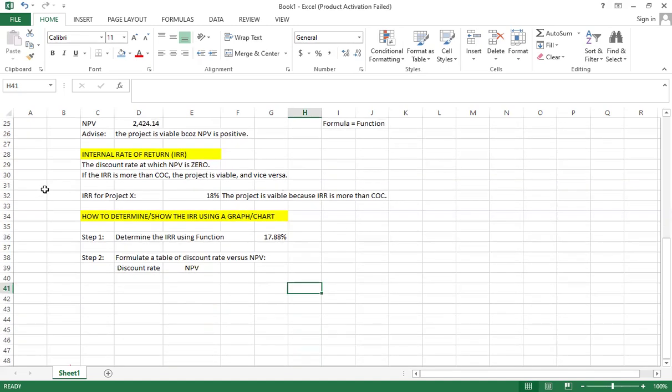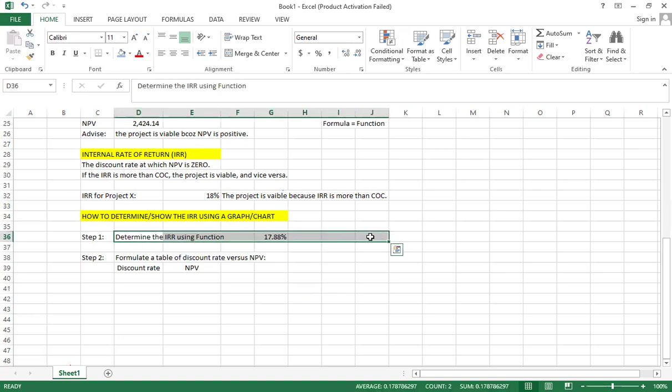Now, the discount rate which I want to work with is a range. I'll choose a range of discount rates. A range means some small number all the way to a large number. That's what a range means. And to select this range, you need to first of all know where this IRR stands.